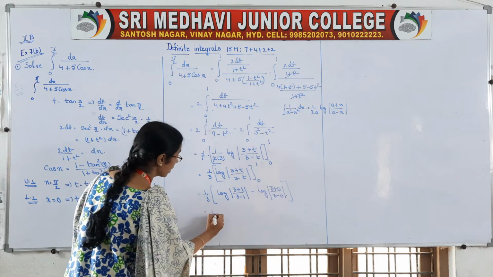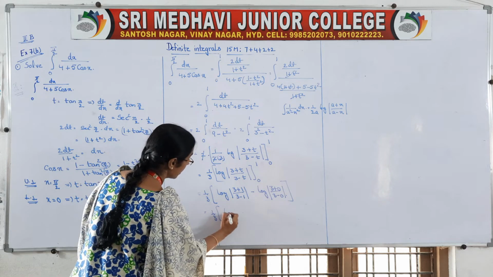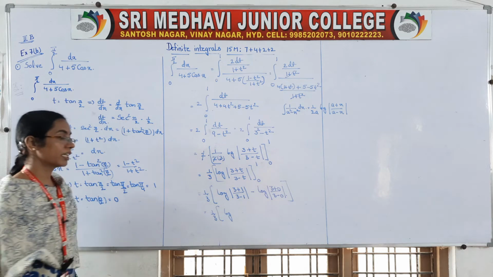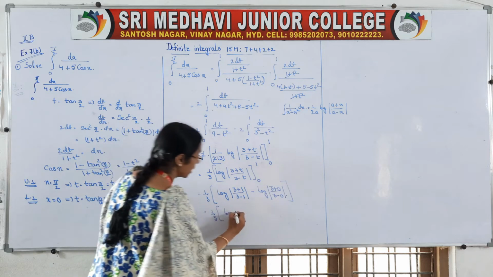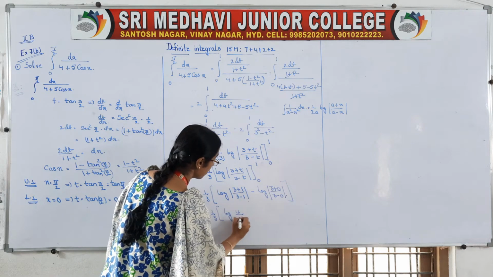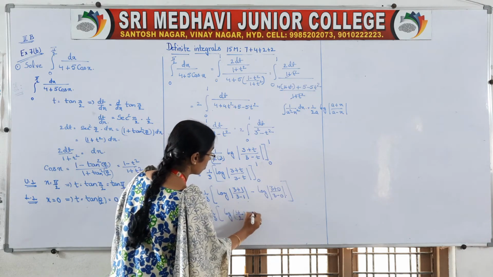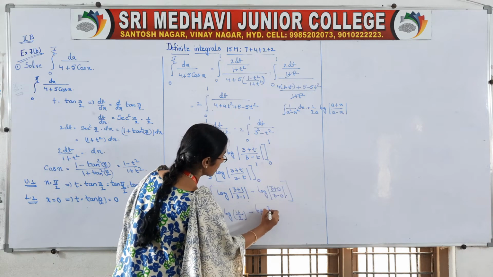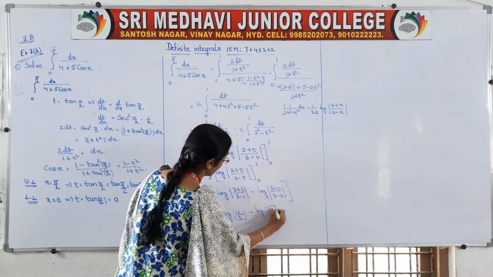So is equal to 1 by 3 log of, 3 plus 1 is 4, by 3 minus 1 is 2, minus log 3 by 3.